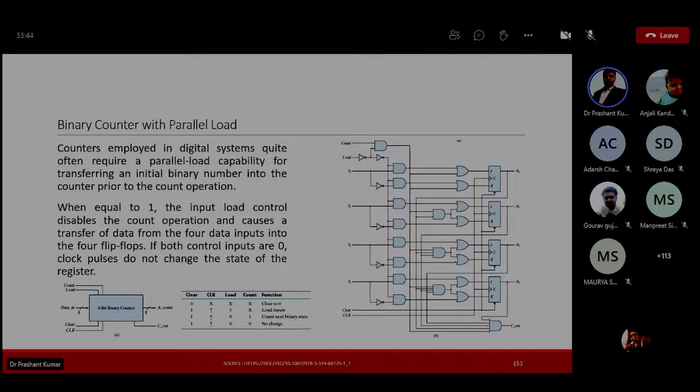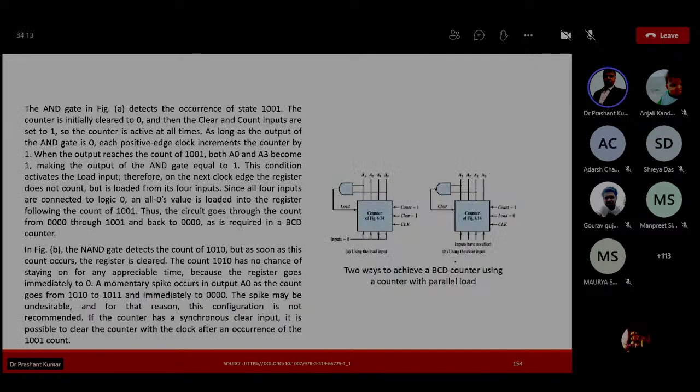When the load control input is equal to 1, the operation causes a transfer of data from the 4 inputs to the 4 flip-flops, and if the control input is 0, clock pulses do not change the state of the register. So this is a 4-bit binary counter with parallel load. This completes counters.